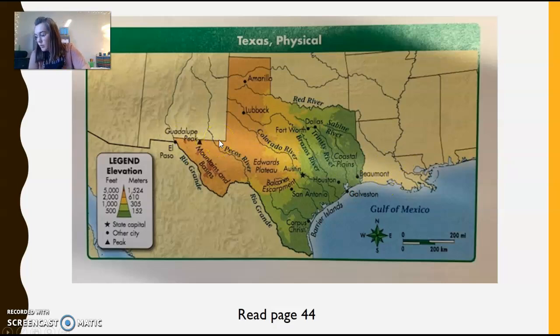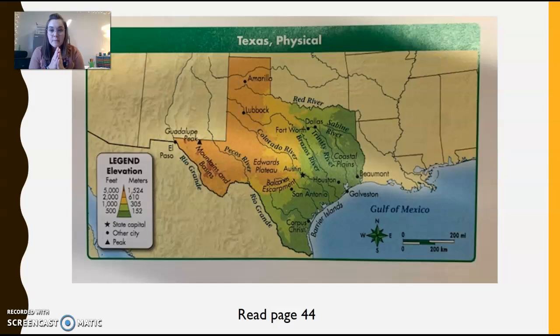I want you to find the cities on the map like we just did, and then you're going to answer the questions about your trip. I'm going to ask you about 6 questions in the assignment below, and you're going to answer those 6 questions using this map. You're going to have to know what a legend is, what a map scale is, and what a compass rose is.